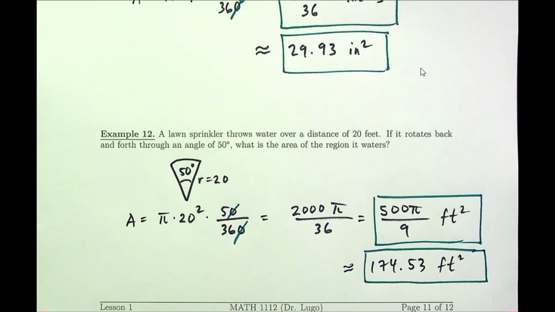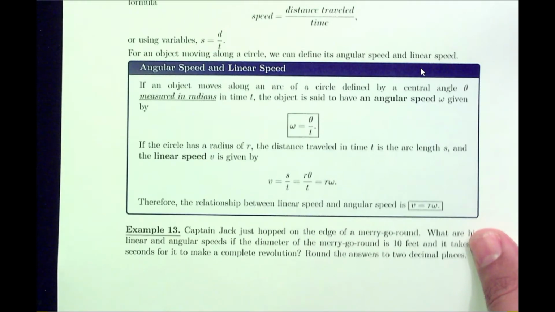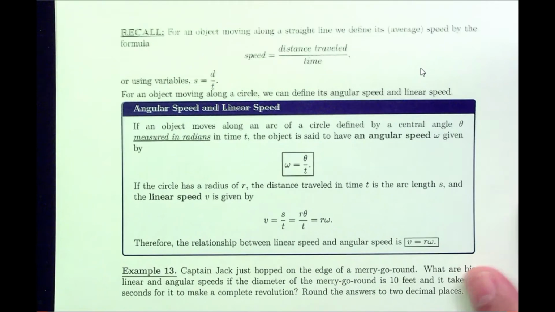Now, the very last thing we will mention for this lesson is linear and angular speed. Recall from probably high school or physics that if you have an object that is moving along a straight line, such as a car, not in a curve, then the average speed of the object is just the distance that it travels divided by the time it takes to travel that distance.